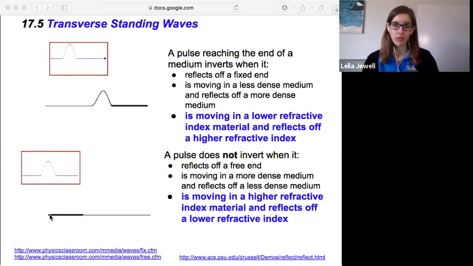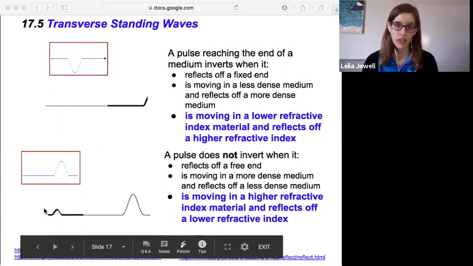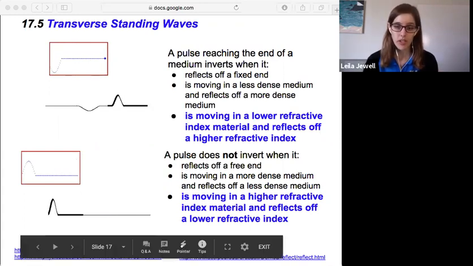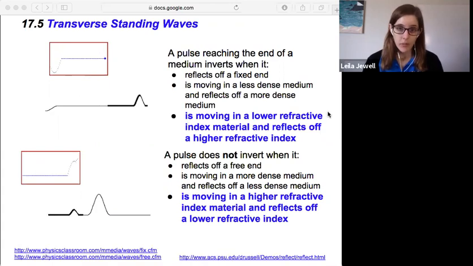Now, why does this matter? Well, this gives us a visualization of what happens with reflection off of various refractive index materials. So for instance, if the pulse or the light wave is moving in a lower refractive index material and reflects off a higher refractive index, then it is going to invert.